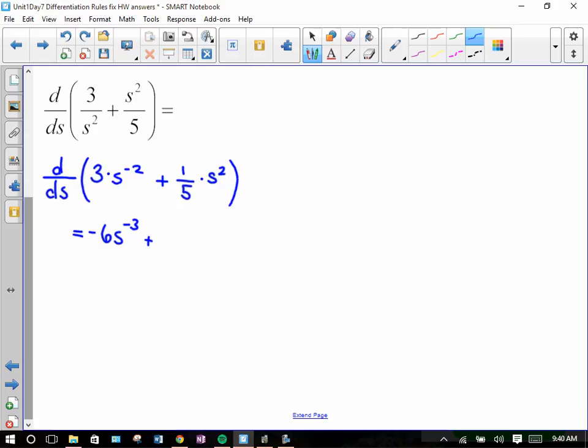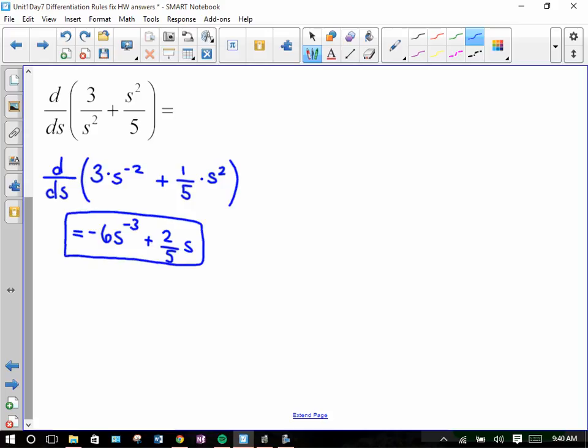Plus, you have 1/5 times s squared. The derivative of this is going to take the 2 and multiply it by the coefficient. 2 times 1/5 is 2/5, times s, 2 minus 1 is what? 1, which is s. That's our derivative.